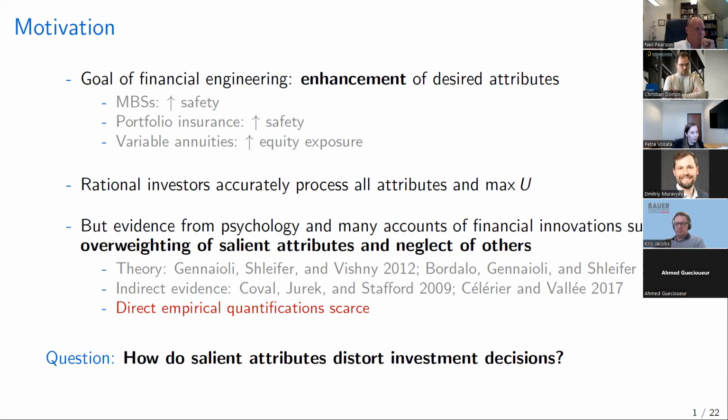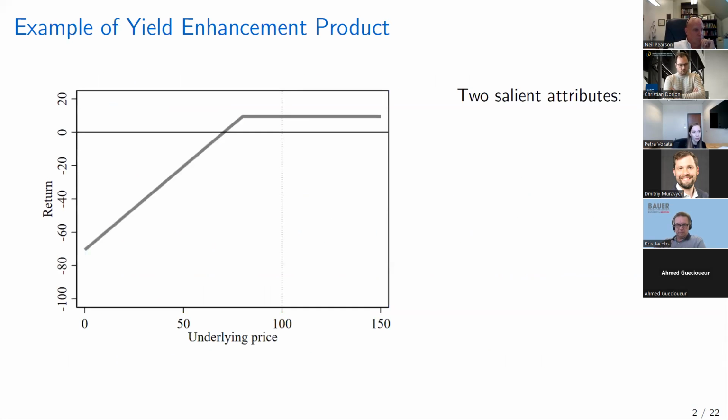Okay, so let me fix ideas at the beginning. Let me show you an example of the security I'm going to be focusing on today. This is a payoff diagram of a yield enhancement product. This is one of the most prominent categories of retail structured products, and it's called yield enhancement because the security is enhancing yield compared to the prevailing interest rates by including a short position in a put option in the payoff.